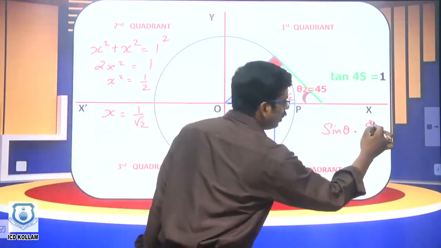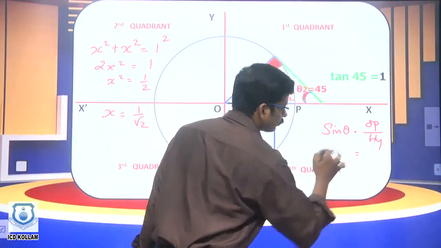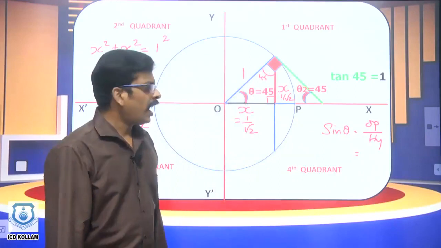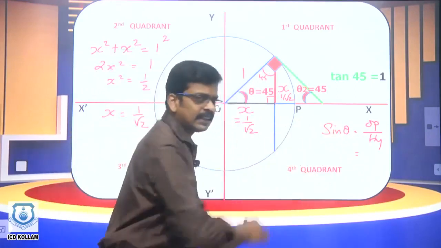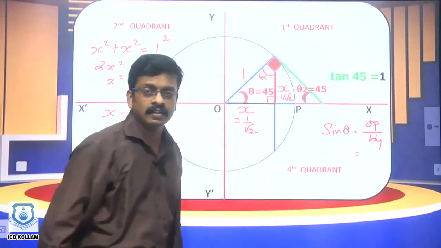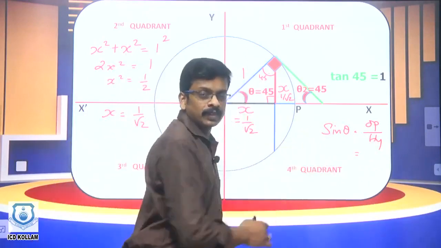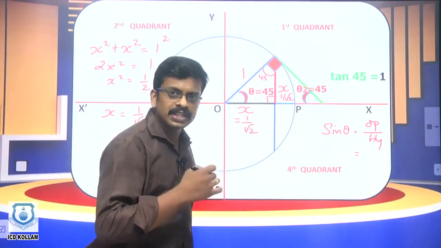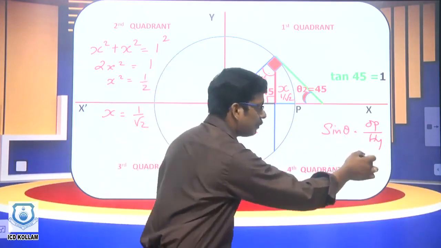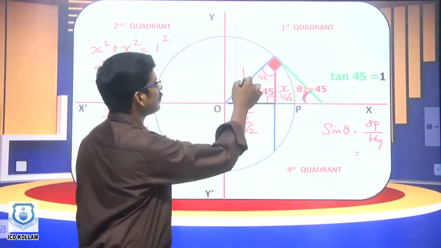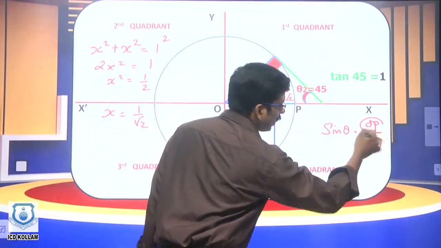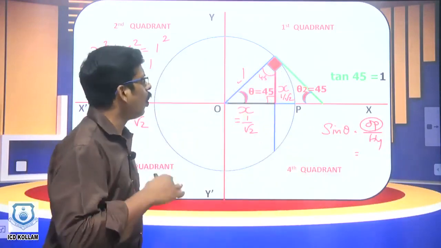Why are we saying hypotenuse? Sin theta is a ratio of opposite side by hypotenuse. But if you consider a unit circle, it is just the opposite side. So sin theta is actually the opposite side.